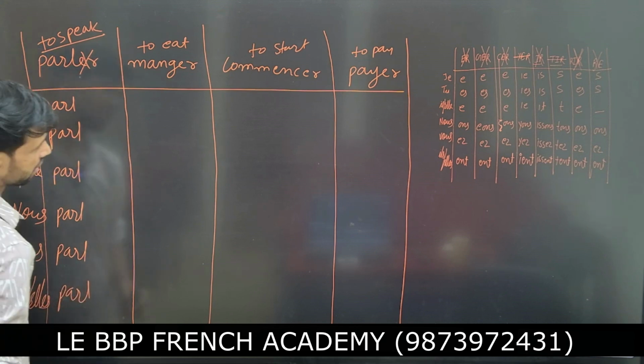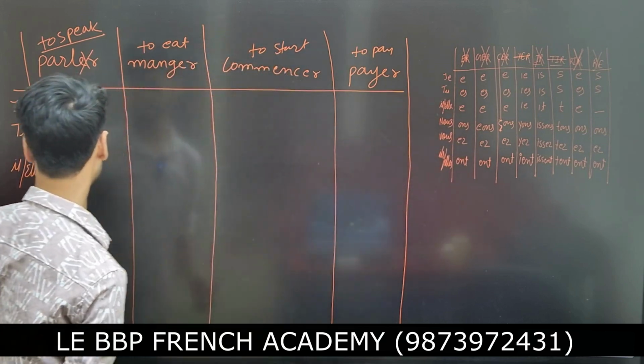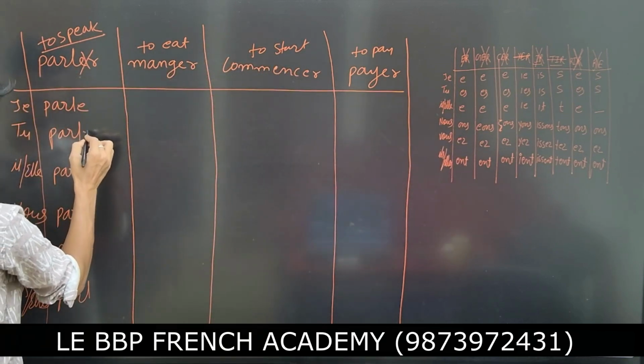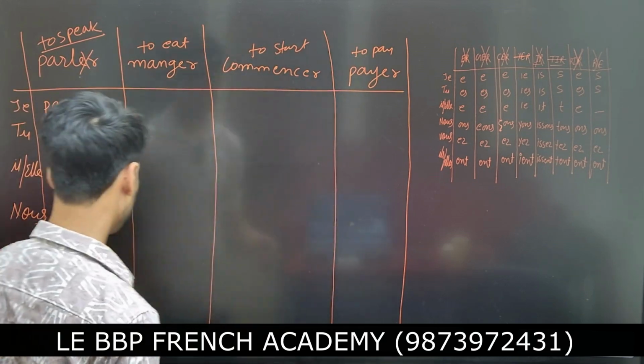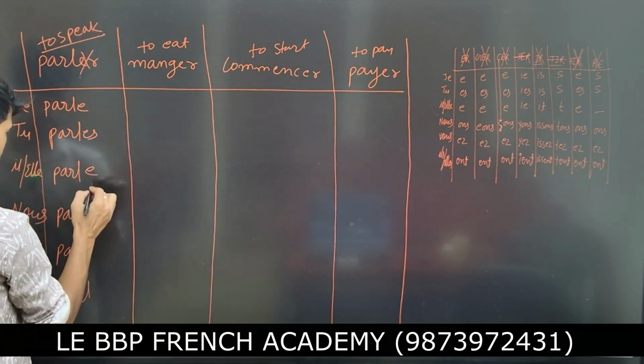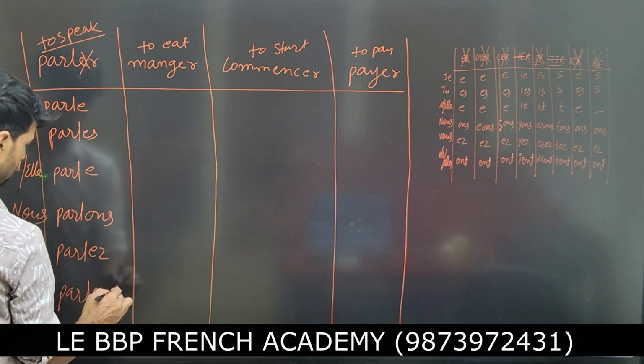And what is the ending? E, es, e, ons, ez, ent. Then we put here e, es, e, ons, ez, and ent.